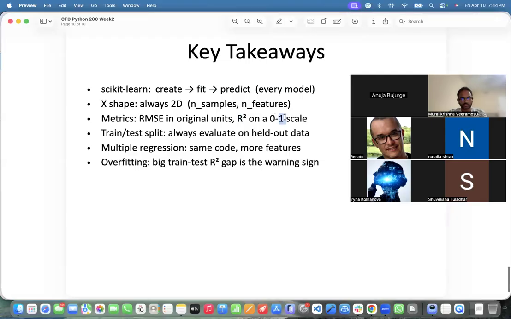R2 should be close to 1 for a best model, and root mean squared error should be close to 0. Right? We know train and test split. Usually it's 80% of the data we consider as train data, 20% of data we consider as test data. And then multiple regression, basically where we increase number of features to see how the model is performing. Right. And then we talked about overfitting.